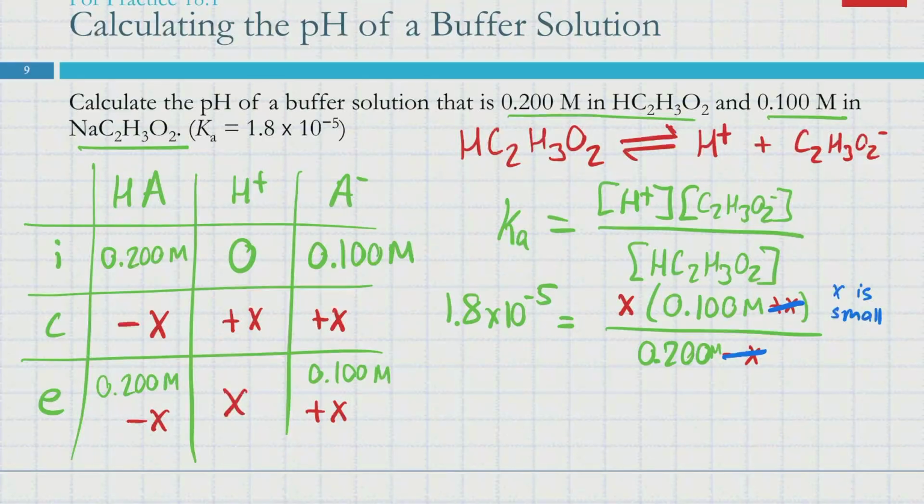So testing our x is small. We get 1.8 times 10 to the minus 5 equals 1/2 x. So x is equal to 3.6 times 10 to the minus 5. And if we take that and divide it by one of our concentrations, we should see that x is small works.